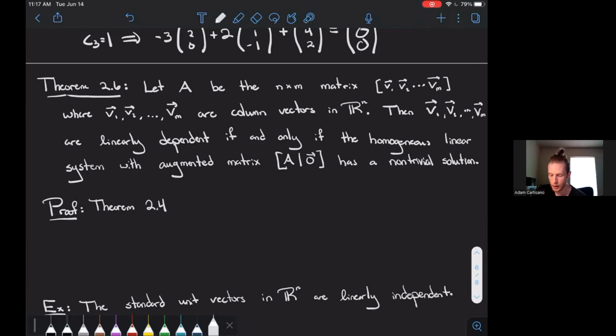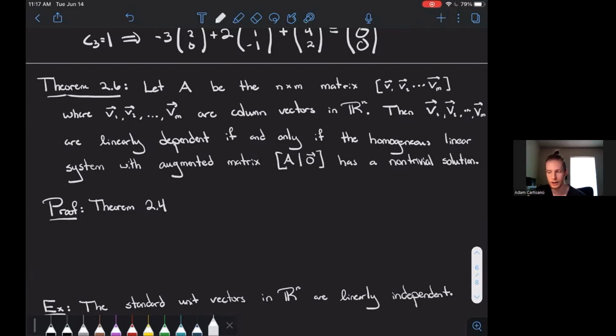Then the columns v1 through vm are linearly dependent if and only if the homogeneous linear system whose augmented matrix is A augmented with 0 has a non-trivial solution.